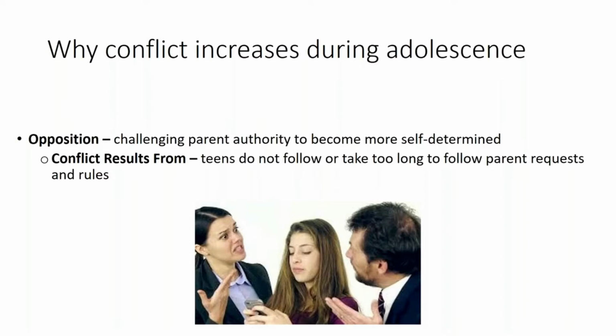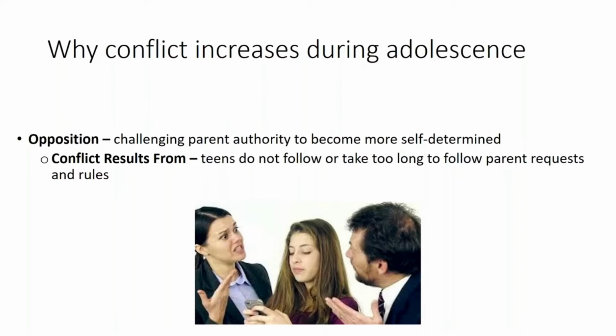We know that teens need to go out on their own, often starting jobs for the first time or living on their own if they go to college. And so in order to be able to become more autonomous, there's some kind of normative process where teens are going to be pushing the boundaries, challenging the limits of their parents' authority.